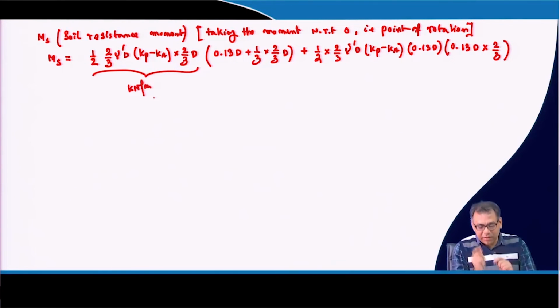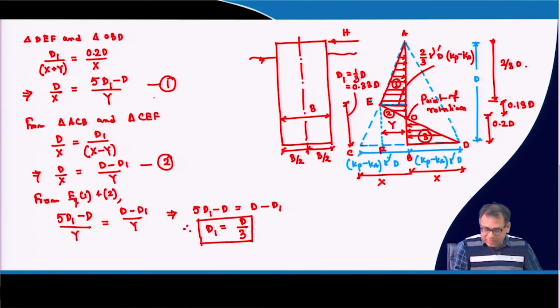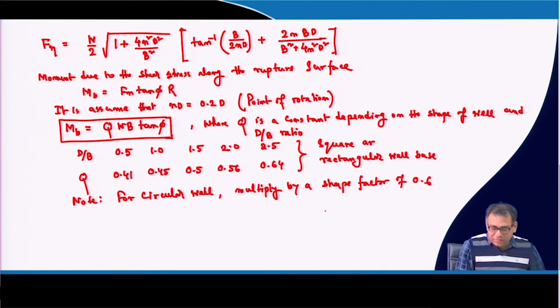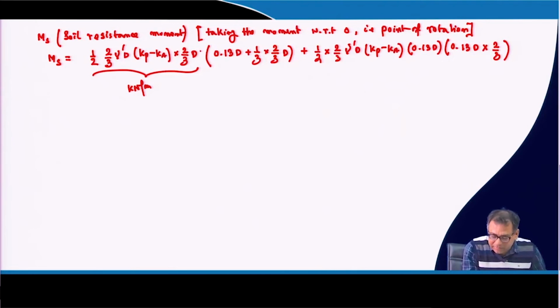If I want to convert them to kilonewton, you have to multiply with L, the length, the side of the wall. So, that is why we will multiply with L. Here also we will multiply with L. Clear?